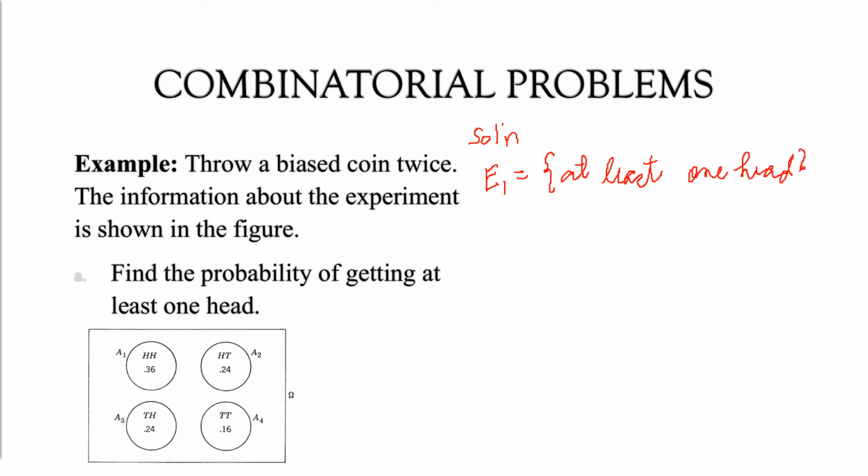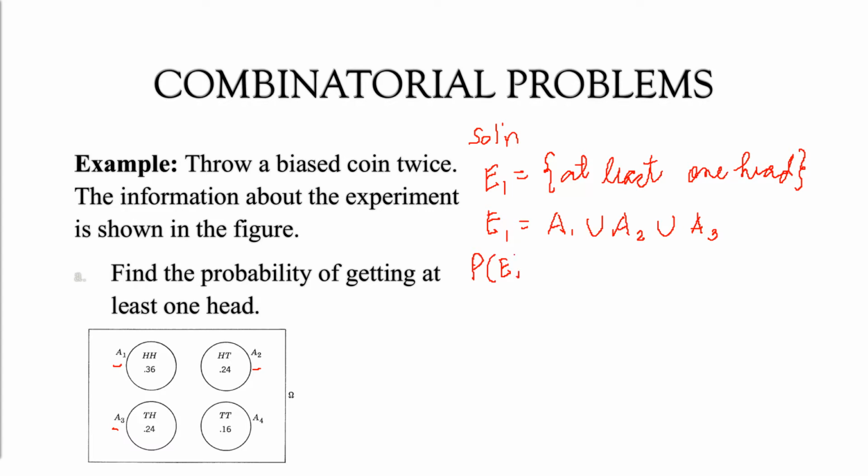Okay, now in this case, from the given, we have A sub 1, then we have A sub 2, and then we have A sub 3. So in this case, our E sub 1 is equal to A sub 1 union A sub 2 union A sub 3, because these are the sets in which there is at least one head in the experiment.